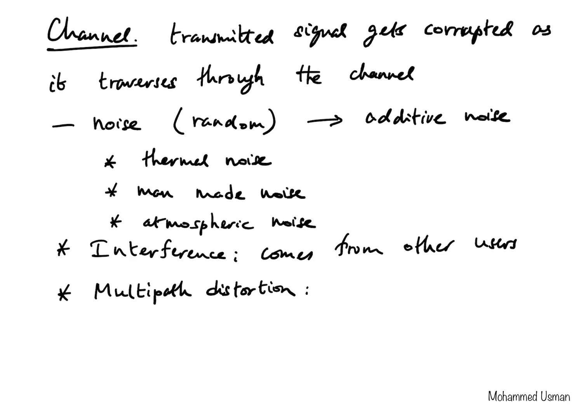And multipath distortion is basically the signal that is being transmitted reaching the receiver via multiple paths of propagation. Because each path would have a different length, the receiver would get multiple copies of the same signal, which are all shifted by a certain amount, each having a different phase shift.